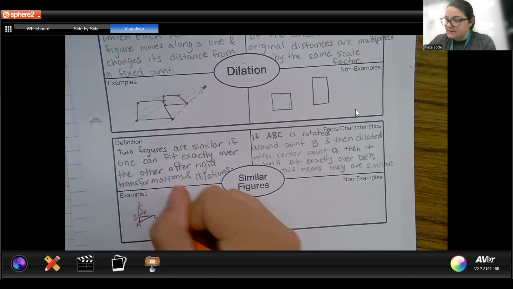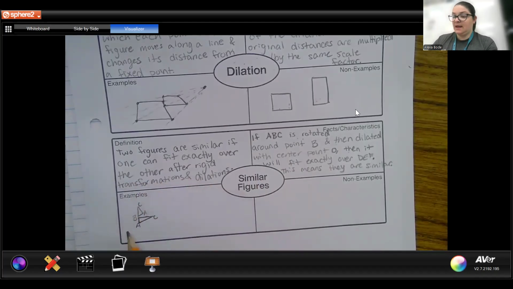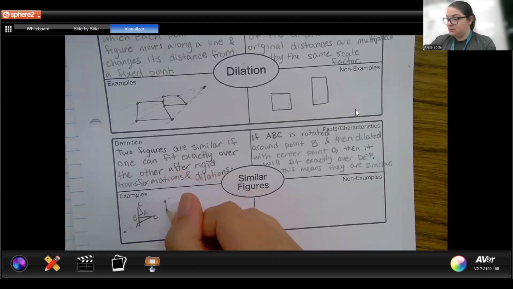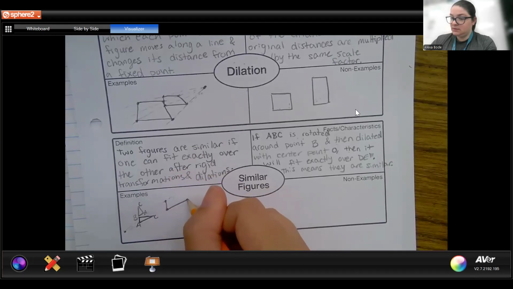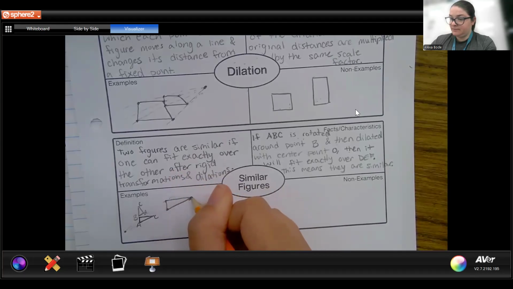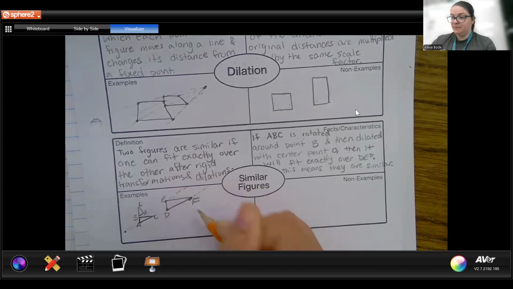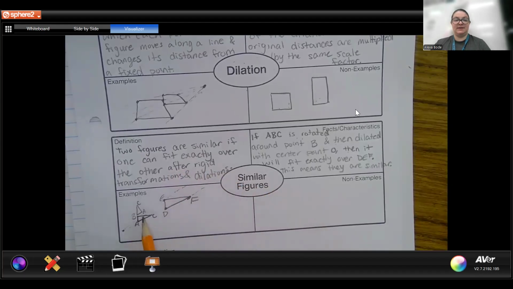So now this is A, this is C. And then here's my point O, that's my center of dilation. So here's going to be my new point E, D, F. So notice I rotated the triangle and then dilated the triangle.